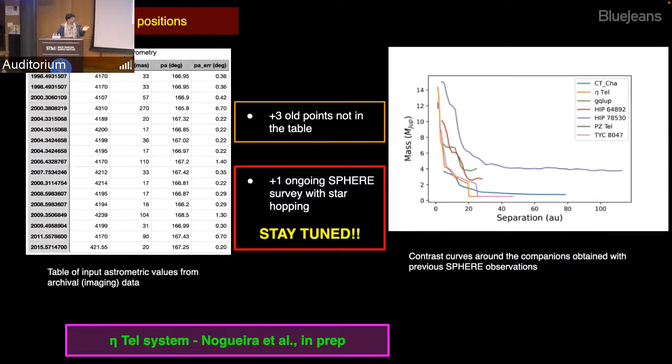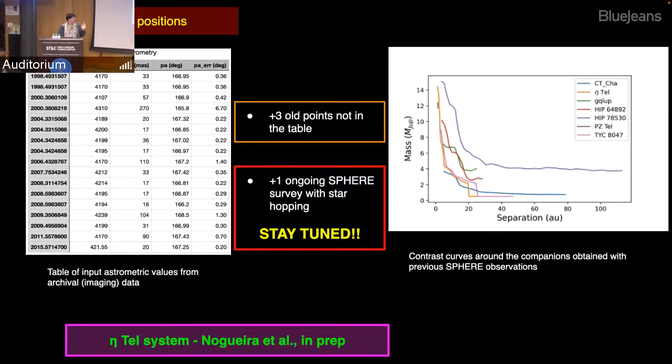Another reason why we are starting with Eta Tel is that there is plenty of astrometric data. This table has all the published data with the positions. Here I'm showing separation and position angle until now, but this table doesn't contain 3 points using NACO, and it doesn't have our ongoing survey, for which we will add one more point.